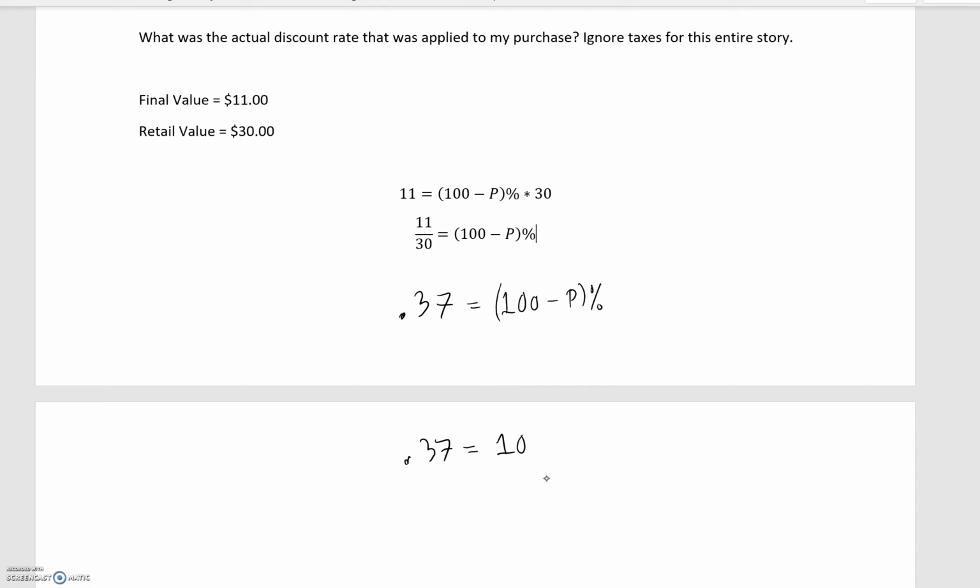Now, I'm going to do the following here. I'm going to distribute that percent sign. We're going to convert everything to a decimal.